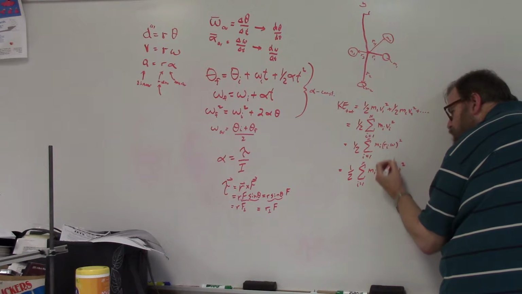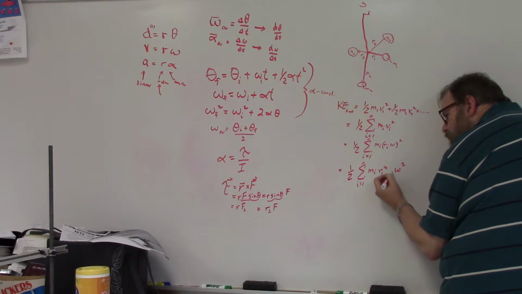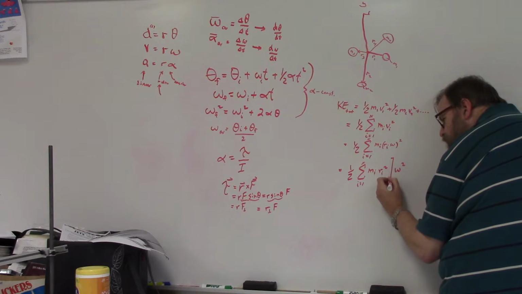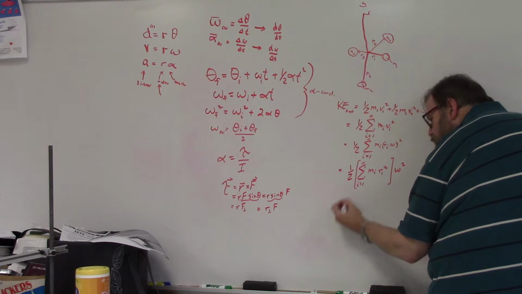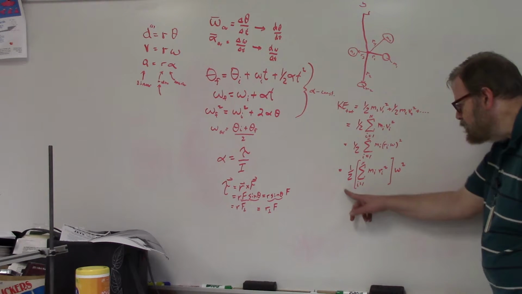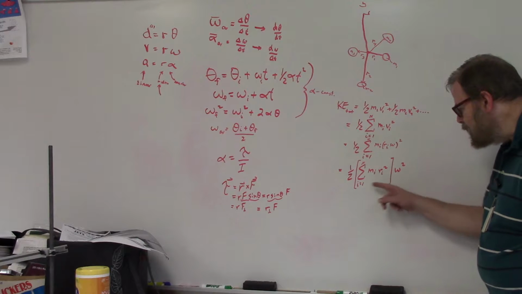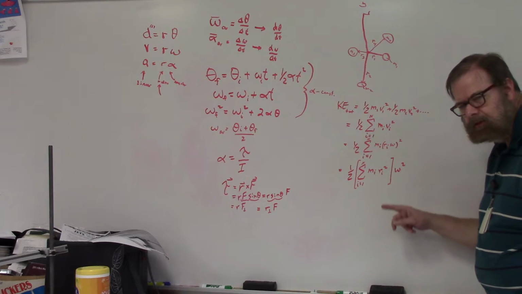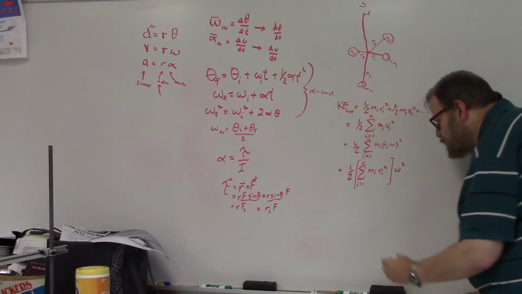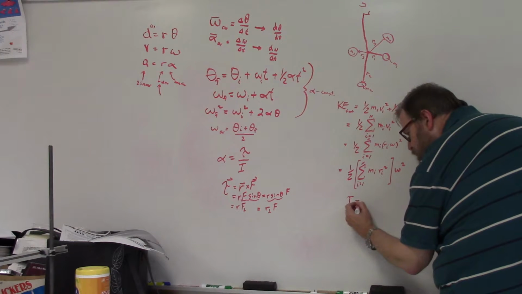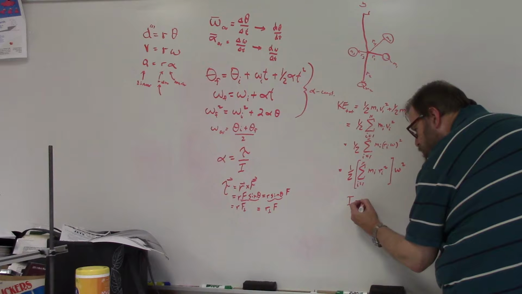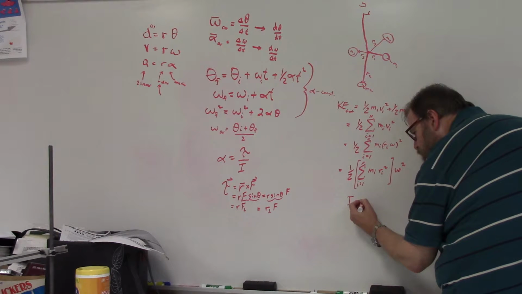So I pulled out my omega squared right over here on the outside. And what I find here in this very middle part, the 1/2 is constant, the omega squared is a constant. I have this thing in the middle, and that's my definition of moment of inertia. Okay? It's how the mass is distributed about the axis of rotation. So moment of inertia is the sum of the m r squared.